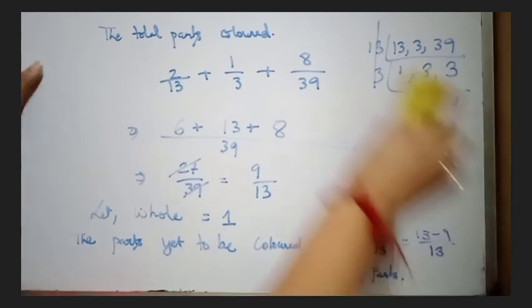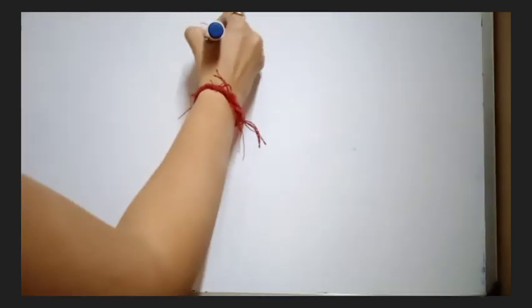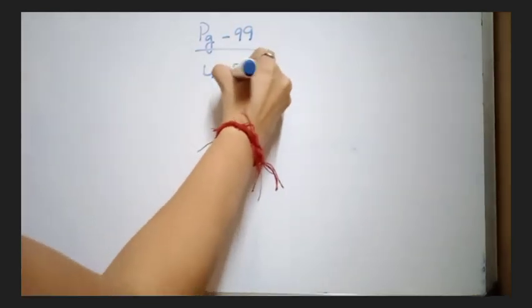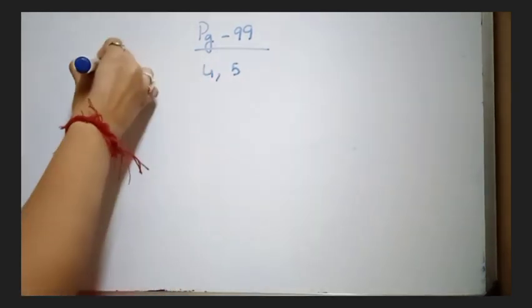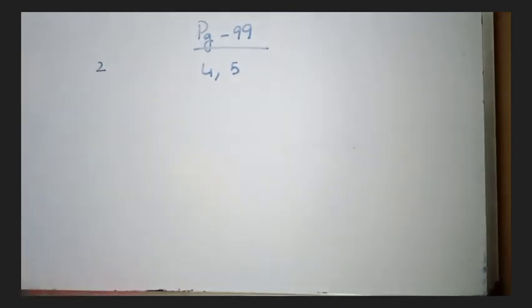Your homework will be page number 99. On page 99, you will do sums 4 and 5, and you will also do number 2, which is given subtraction.